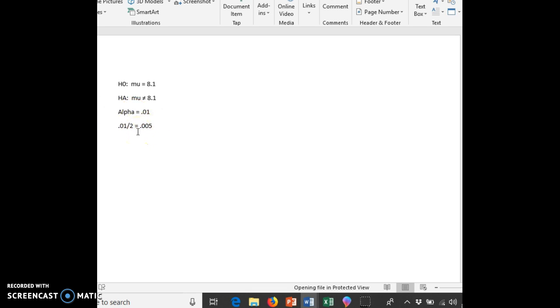Now, when we put 0.005 into Excel, it's going to give us the negative critical value. And since our normal curve is symmetric, the positive critical value will be just the opposite. So let's get our two critical values.